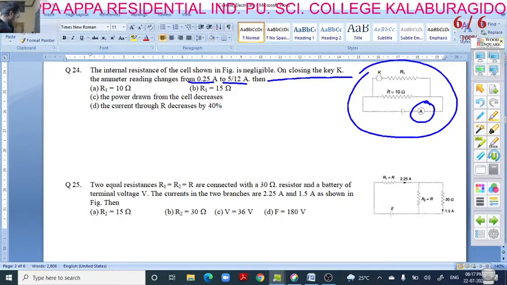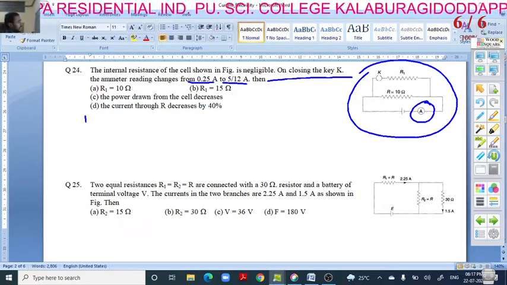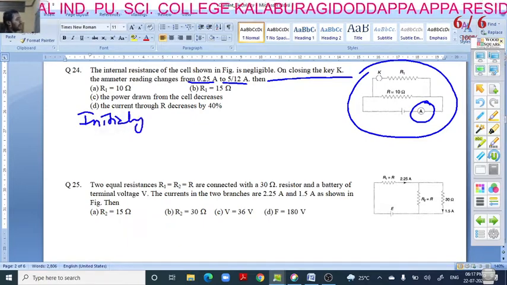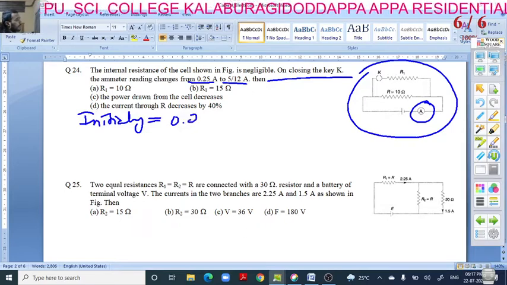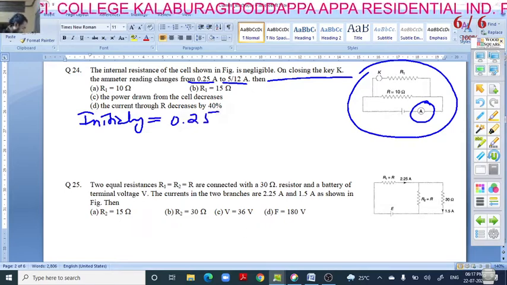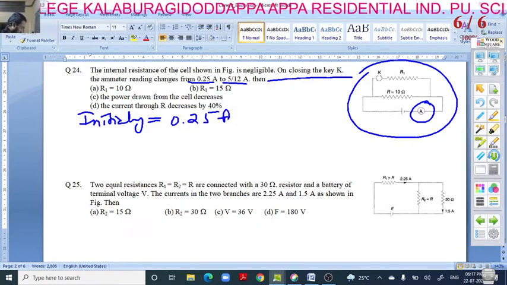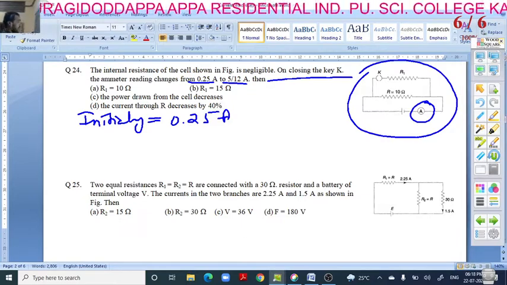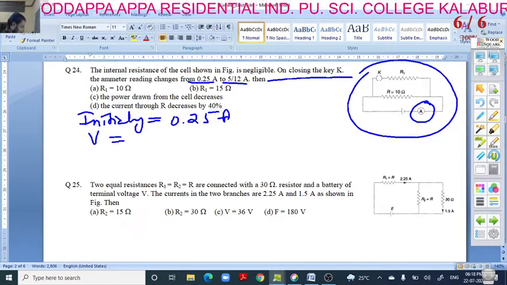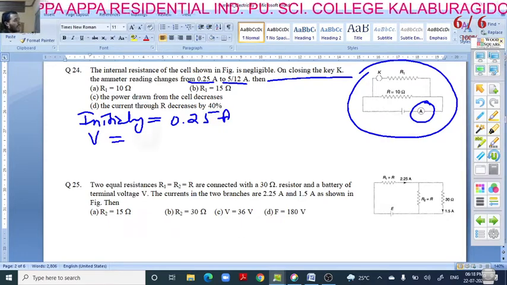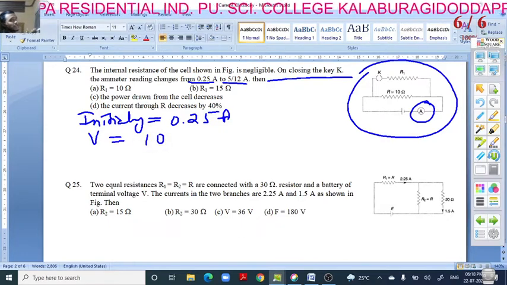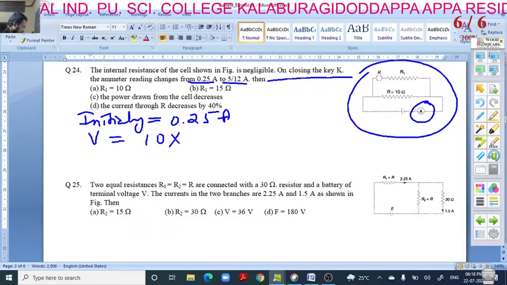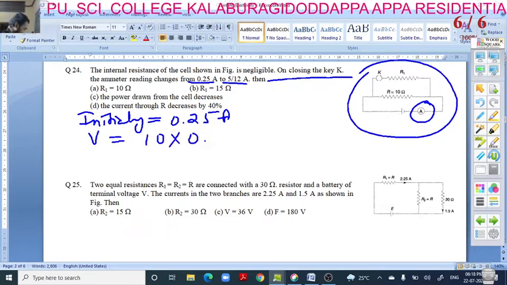First, initially our current is 0.25, right? The ammeter reads 0.25. Then what will be the terminal voltage? The terminal voltage V is equal to, in the figure the resistance he has given is 10 ohm, so 10 into 0.25.